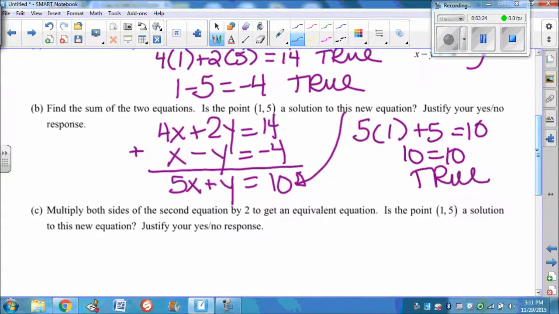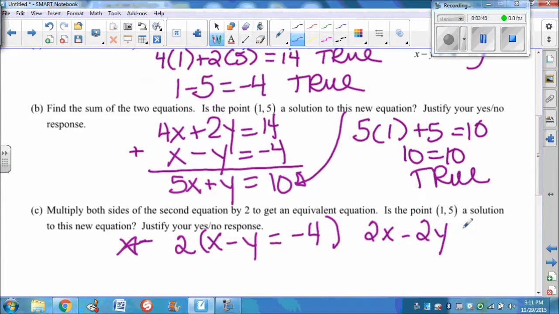So we're going to multiply both sides of the second equation by 2. That second equation is x minus y equals -4, and we want to multiply that second equation all by 2. So we end up with 2x minus 2y, we're just using the distributive property here, equals -8.